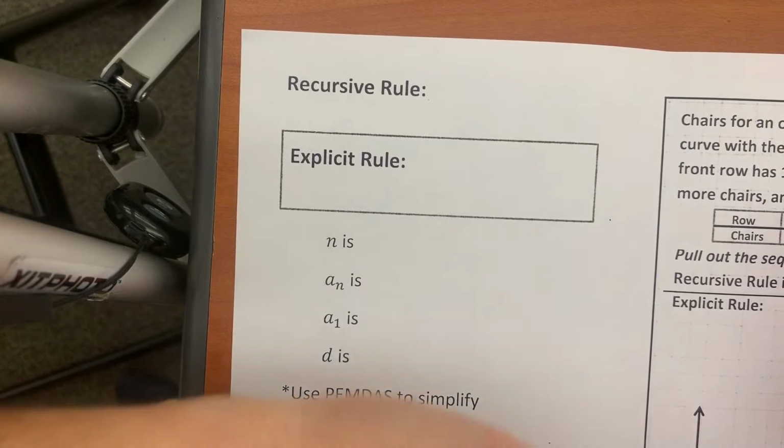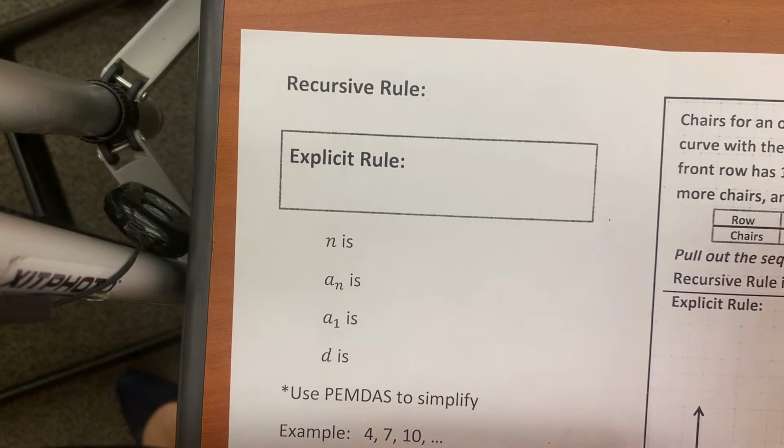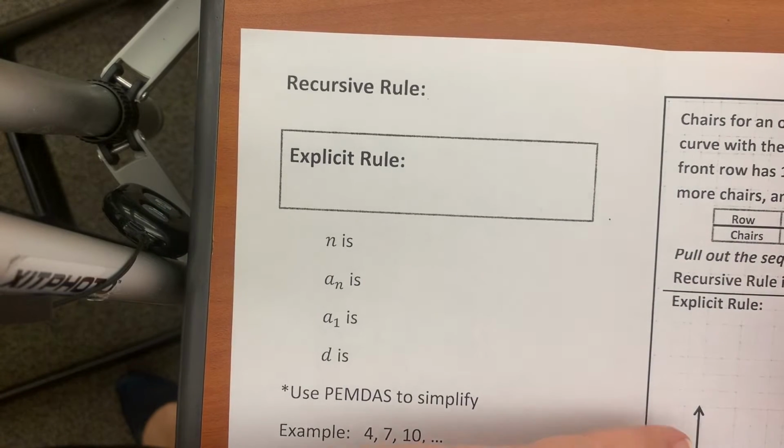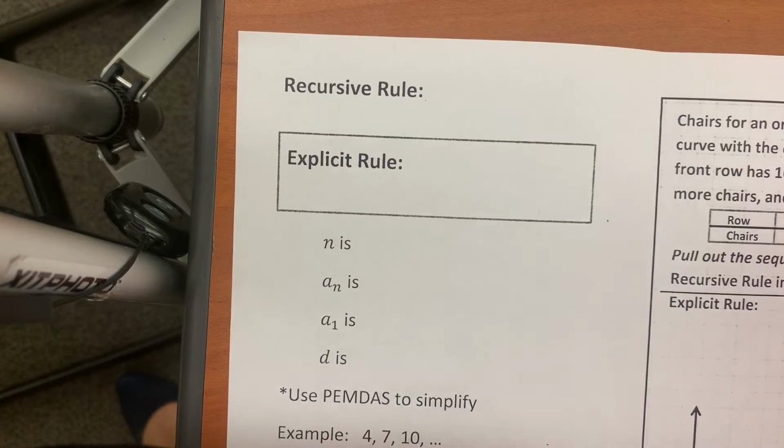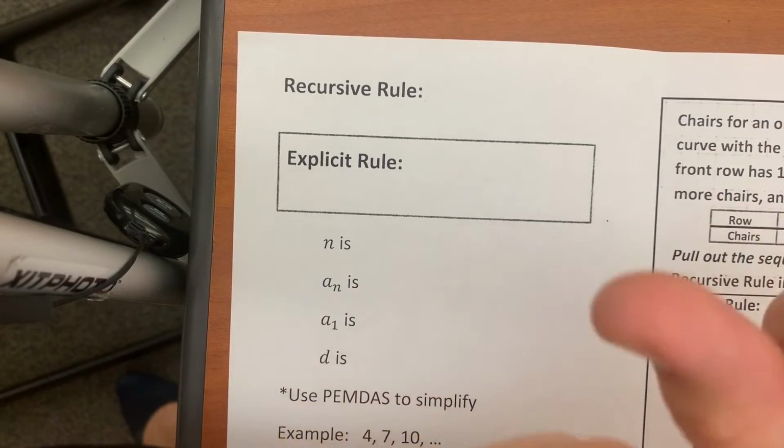An arithmetic sequence is a sequence that we've already talked about quite a few times. It has a common difference. We've used the word common difference before, and that's when we're looking for a pattern that either adds or subtracts.